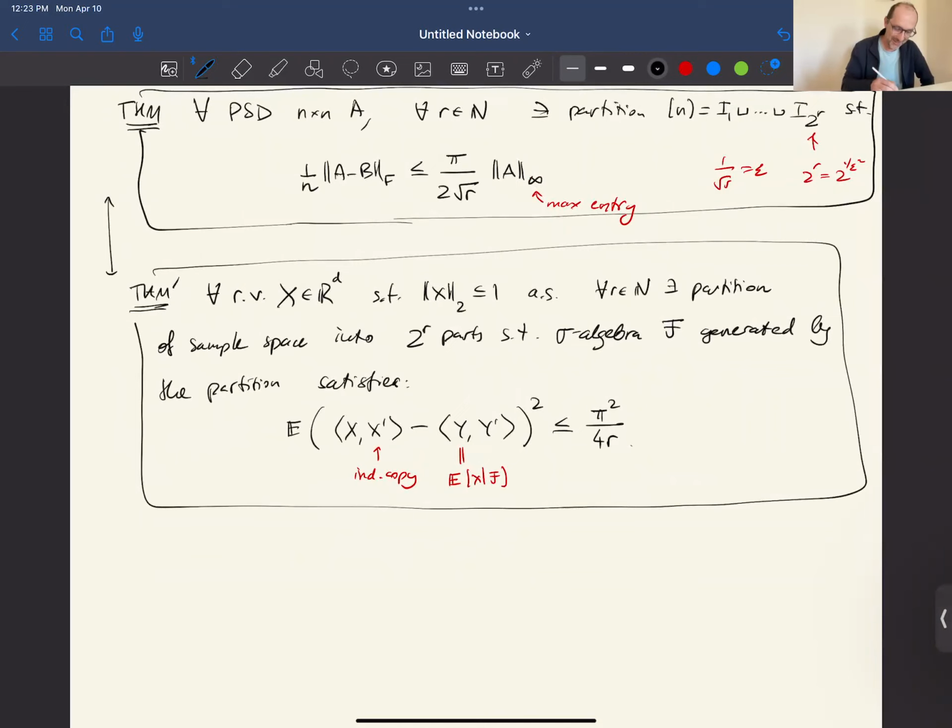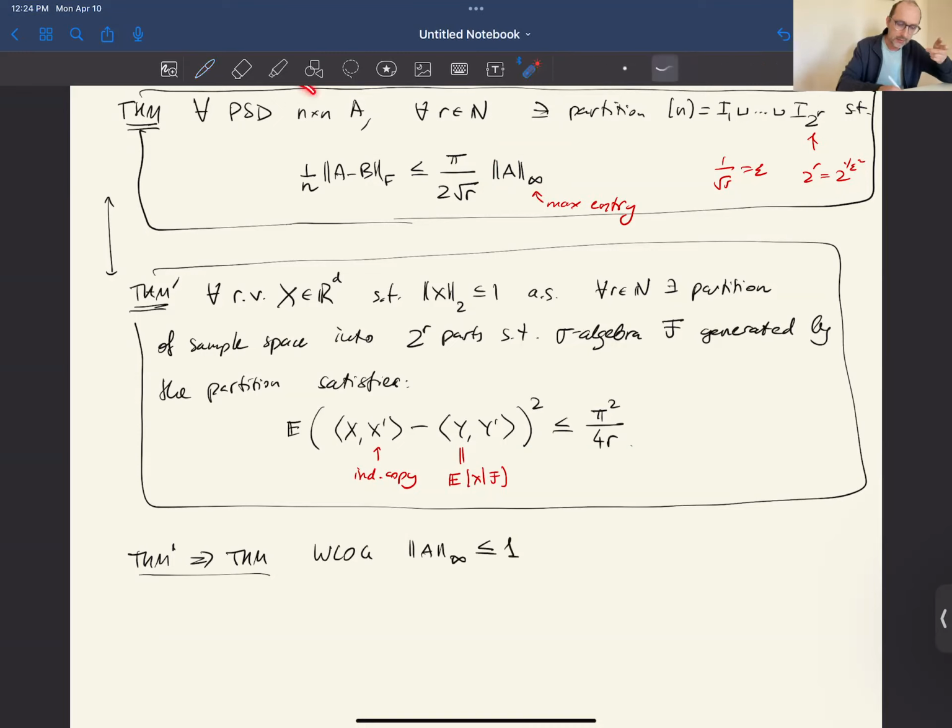So let me explain how this probabilistic theorem implies the usual theorem. In the usual theorem, first of all, without loss of generality, we can assume that the max entry is bounded by 1, just by rescaling.